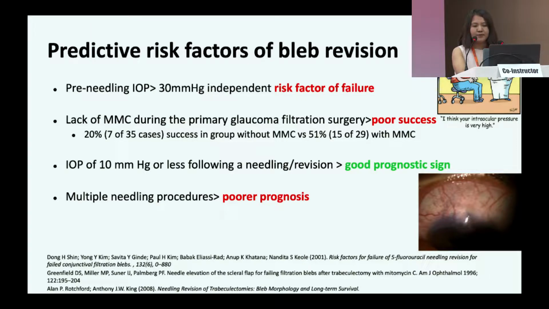It is correlated with the fact that the surgeon is able to dissect out the fibrotic tissue to such an extent that the intraocular pressure has come down. So this is considered to be a good prognostic sign. Other than that, multiple needling procedures and patients who are on chronic medications are more prone to fail, which is again a poor prognostic factor for revision as well.